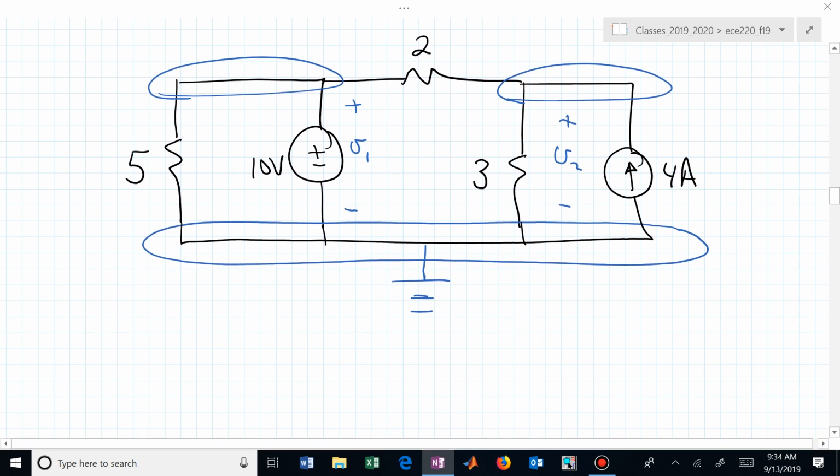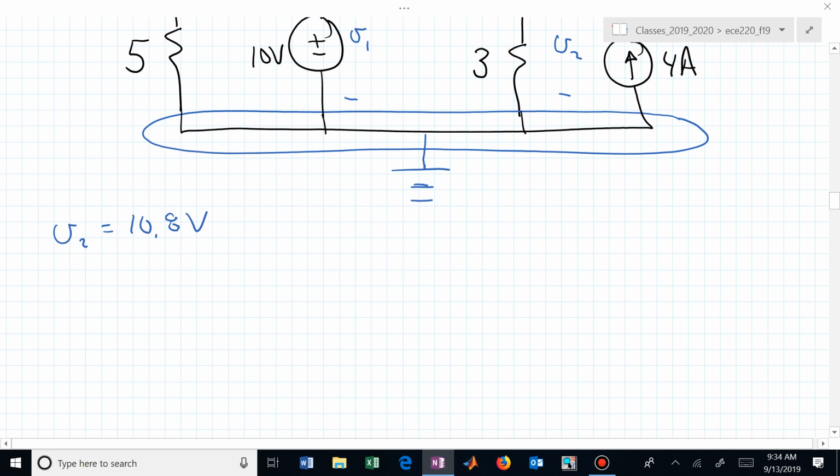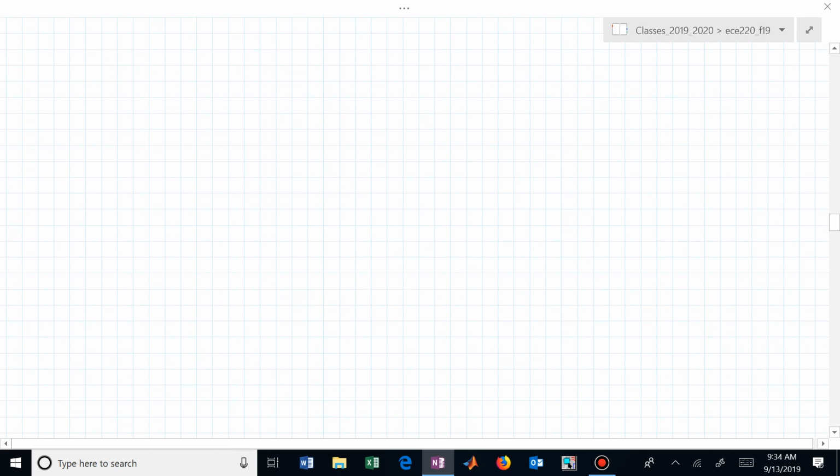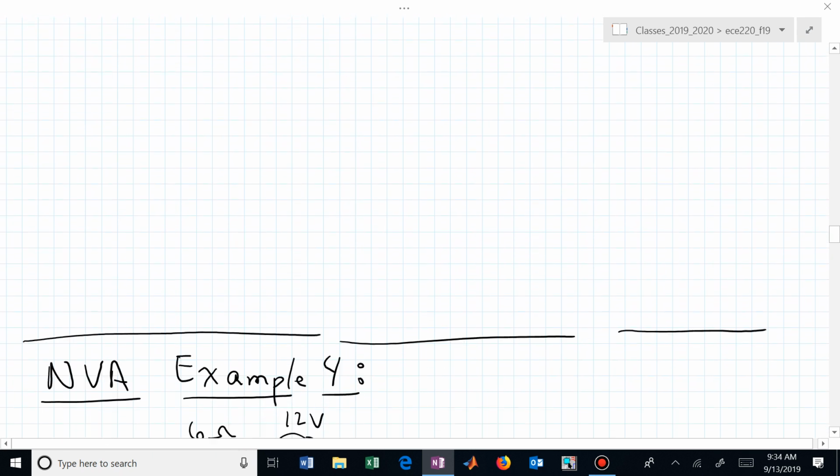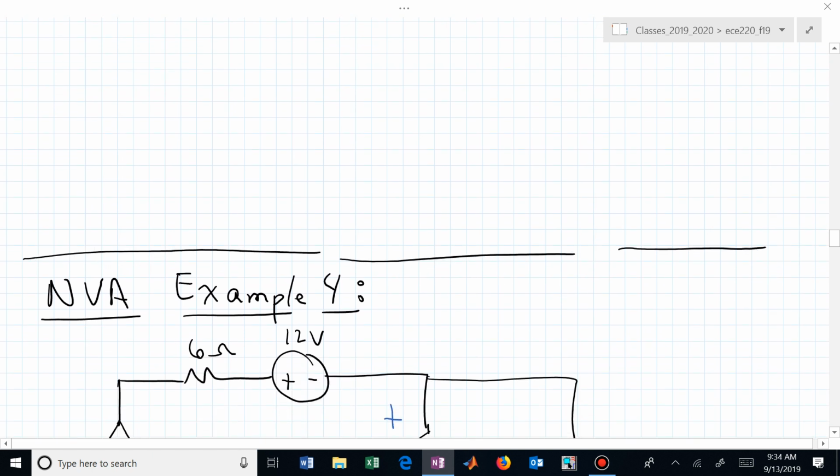Let me just tell you that V sub 2 is 10.8 volts. No assumption whatsoever. You do that on your own at home. Verify that that's in fact the case based on what we've done. So you have all this room to do that.